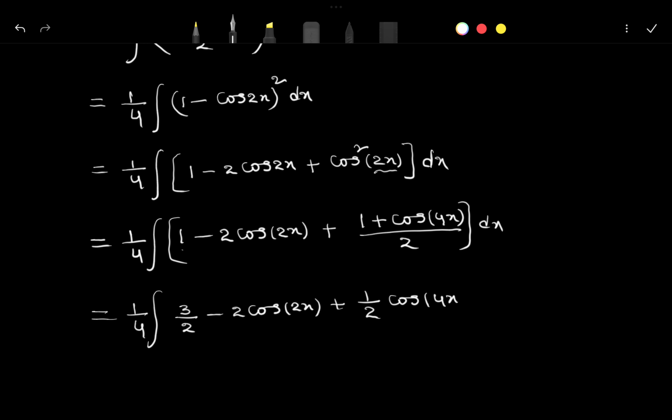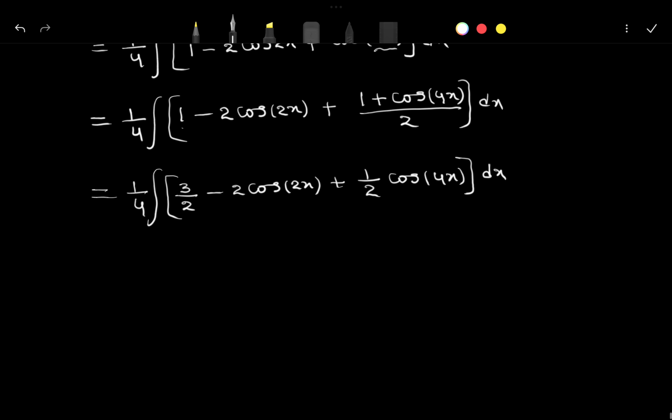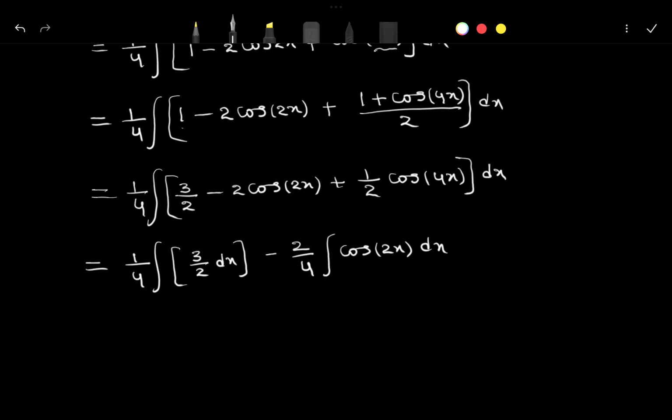Now, observing this, no term has a power more than 1, so here you can do the integration. 1 by 4 into the integration of 3 by 2 into dx, minus 2 by 4 into the integration of cos 2x into dx, plus 1 by 8 into the integration of cos 4x into dx.